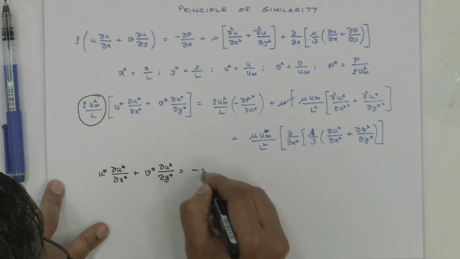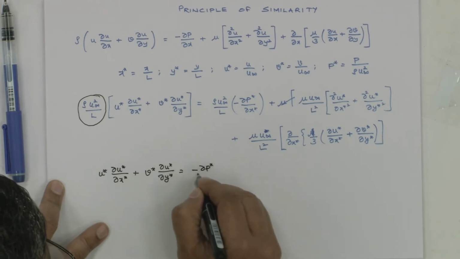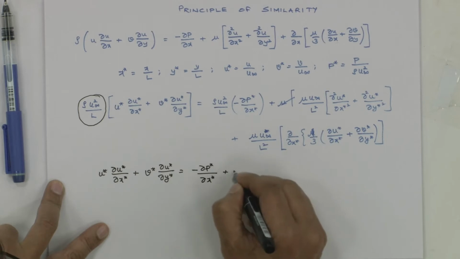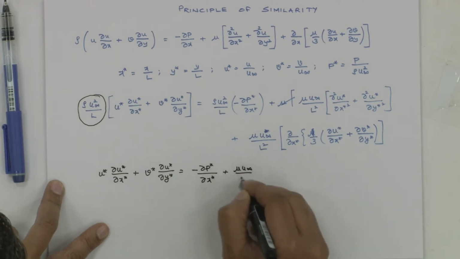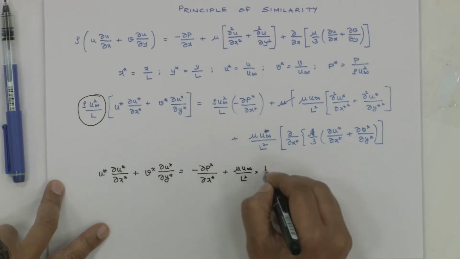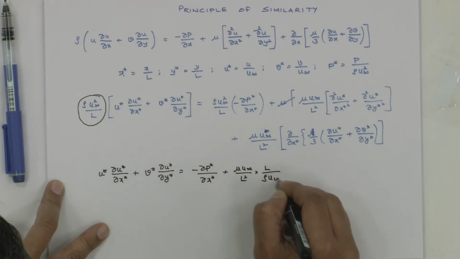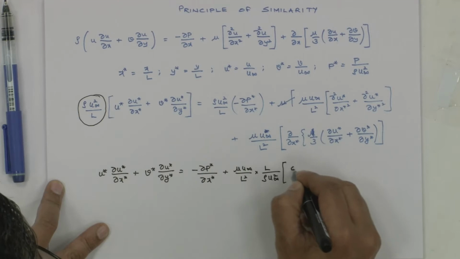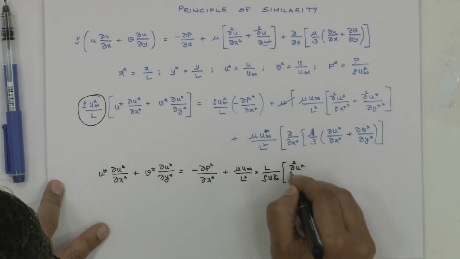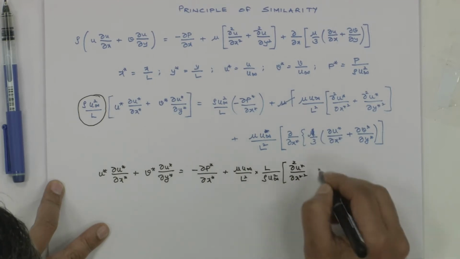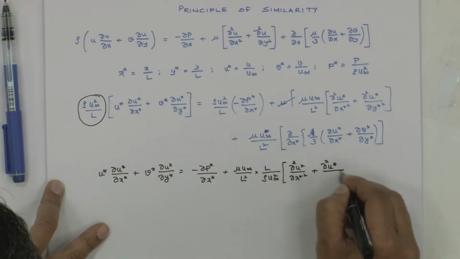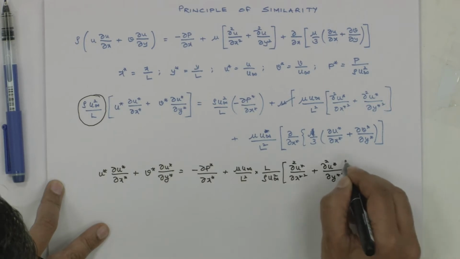So I get minus del p star by del x star plus mu u infinity by L squared into L upon rho u infinity squared into del squared u star upon del x star squared plus del squared u star upon del y star squared.